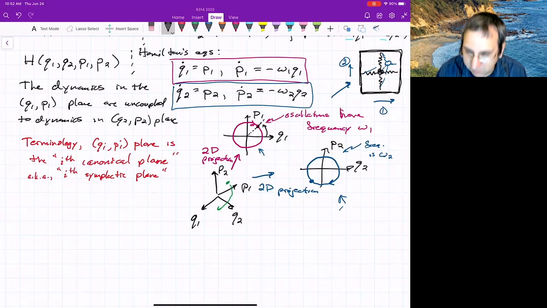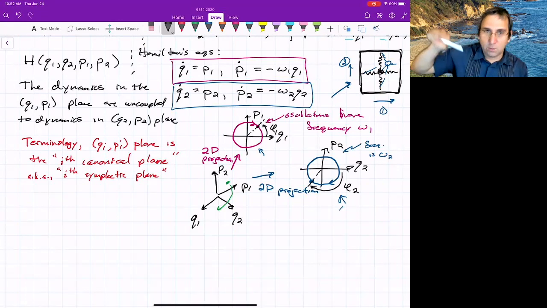So let's say I call this angle phi1, and same thing here. I'll measure the angle from the Q2 axis, and here's phi2. Well, these angles are just circulating around. This is the phase of the oscillation in each mode.